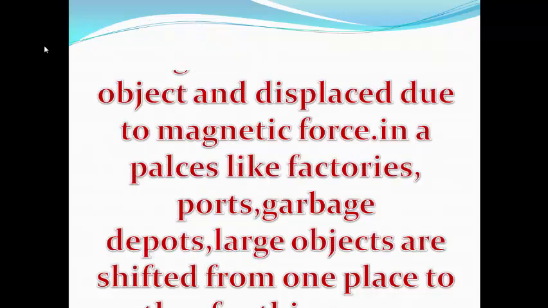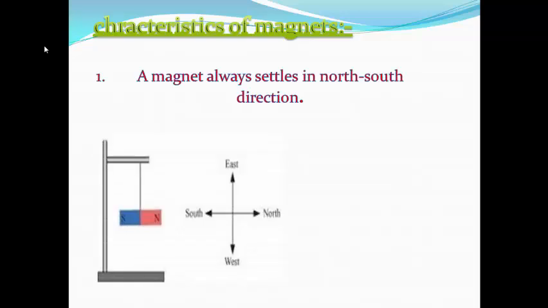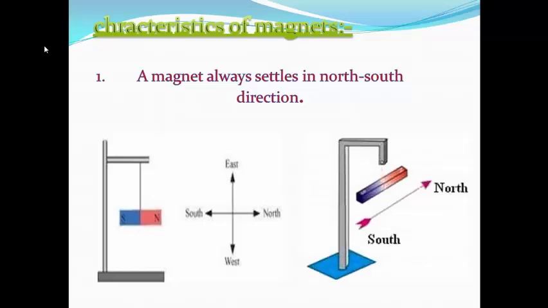Now, let's move to the characteristics of magnets. A magnet always settles in a north and south direction. If you hang a magnet freely, you will notice that it always settles in a north and south direction.